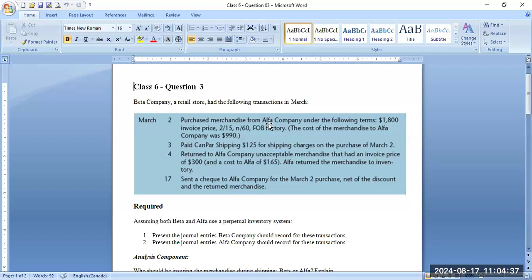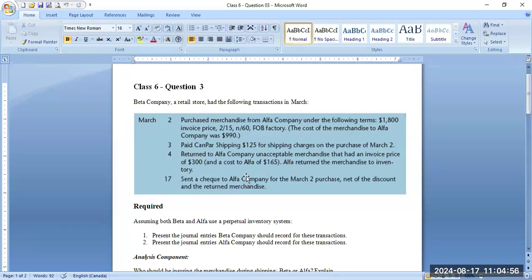Purchase merchandise from Alpha Company under the following terms. Paid shipping $125 for shipping charges. Return to Alpha Company unacceptable merchandise that had an invoice price of $300, cost to Alpha $165.